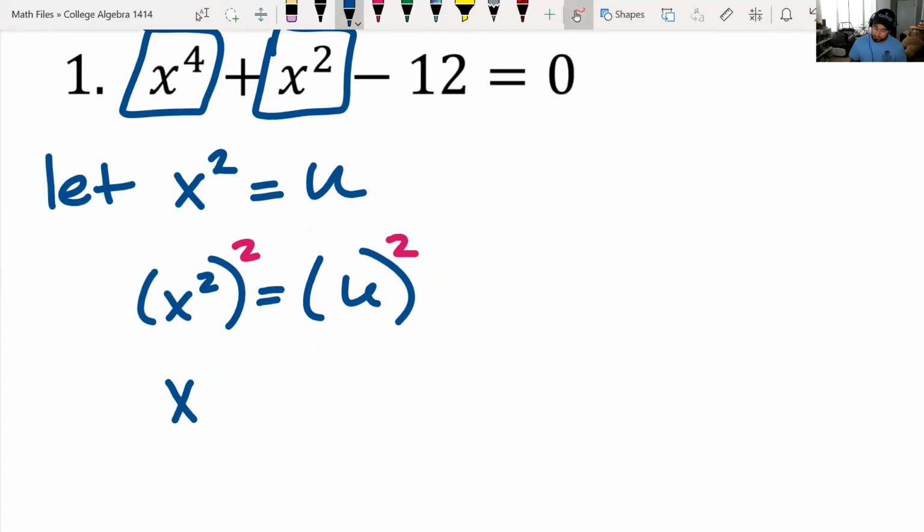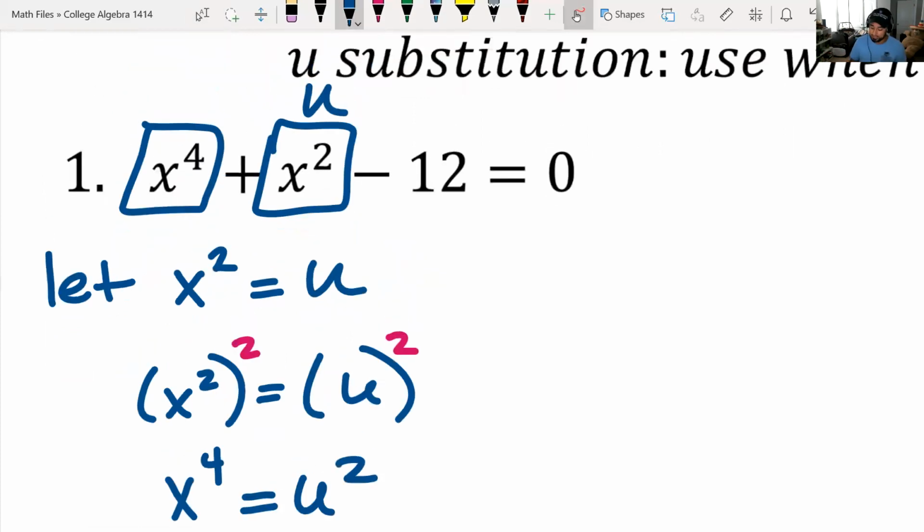You'll get x to the fourth equals u squared. Does this cover the leading term now? Do we have a substitution for the leading term? And that answer is yes. So our leading term is now u squared, which now makes this an actual quadratic equation because we have changed the power into an exponent of 2. All right.